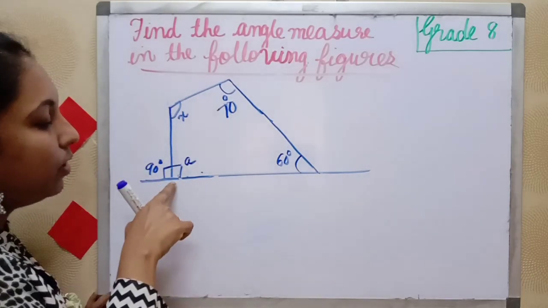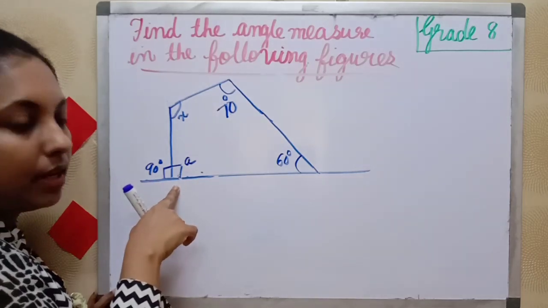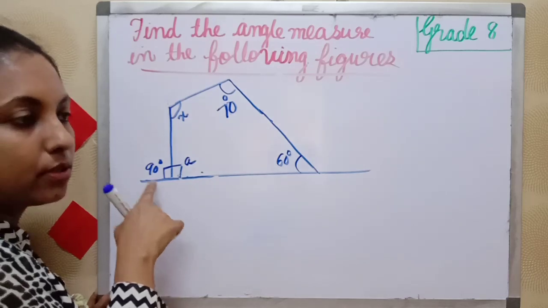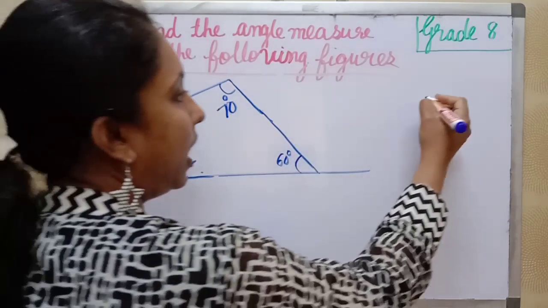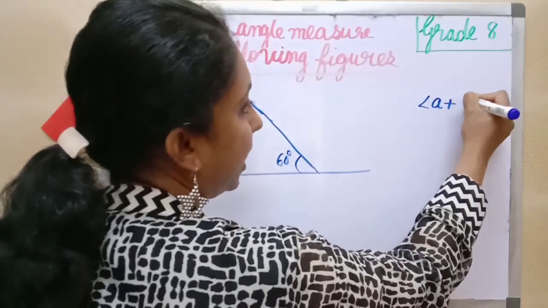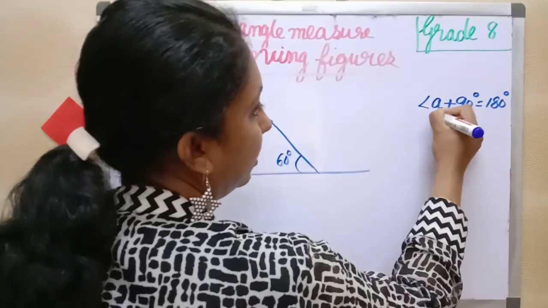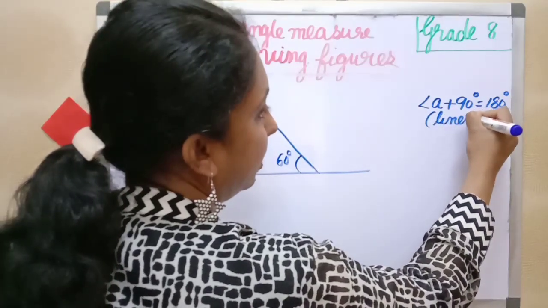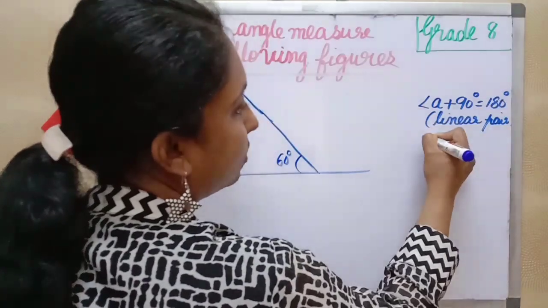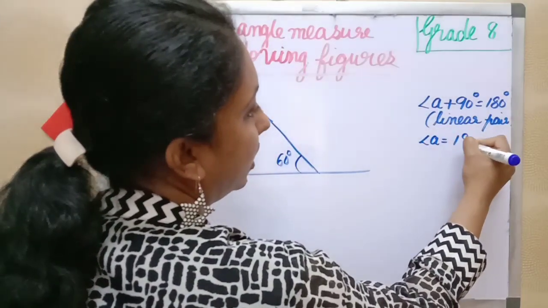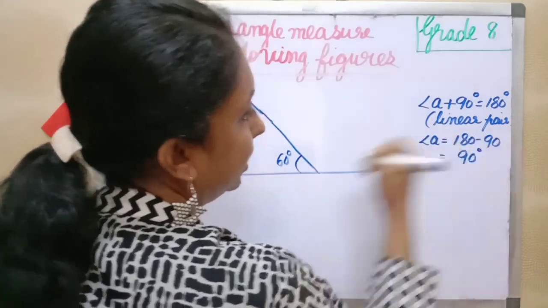Then, as you all know, these adjacent angles form a linear pair, and linear pairs are supplementary. That means angle A plus 90 degrees is equal to 180. So angle A is equal to 180 minus 90, which is 90 degrees.